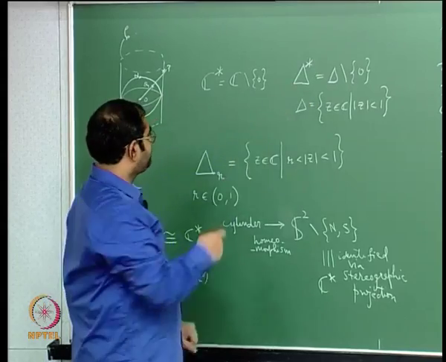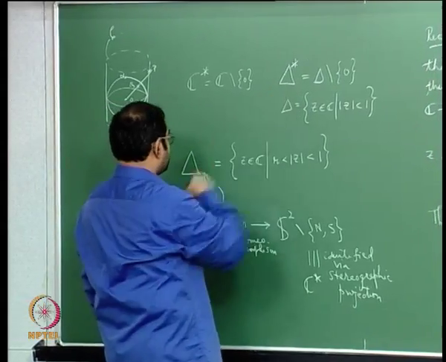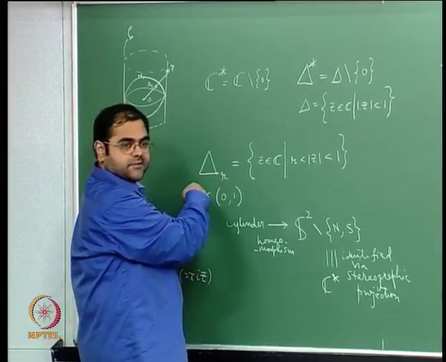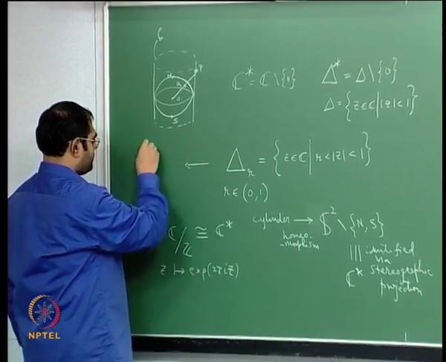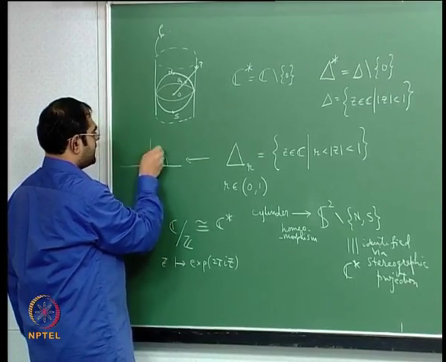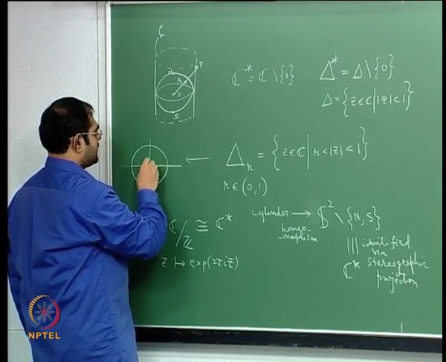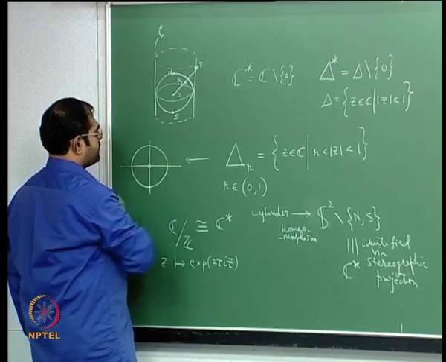Similarly an annulus like this. You know it is the unit disk minus the origin, so I put a dot there.